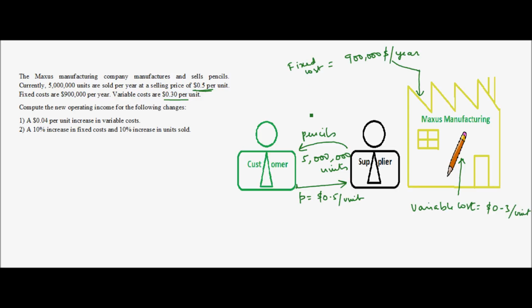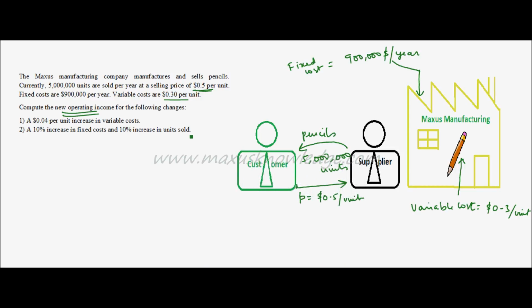So with this information, we have to find out what will be the new operating income in case the variable cost increases by $0.04 per unit. Sometimes what happens is that there is a forecast that the cost of raw material is going to increase. So the manager of Maxus Manufacturing Company is now trying to evaluate what will be the impact to the operating income if the variable cost increases by $0.04 per unit.